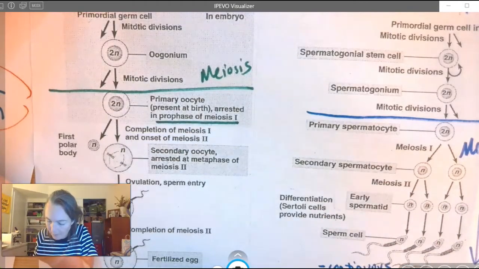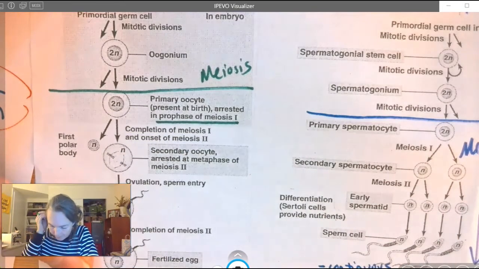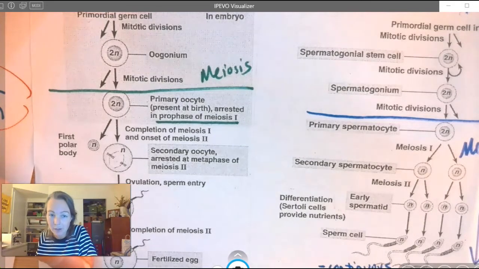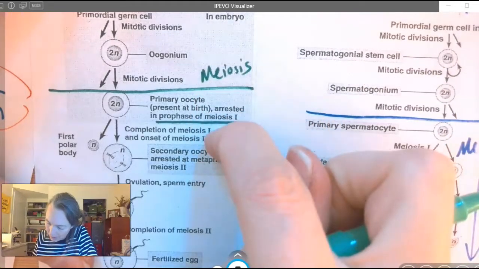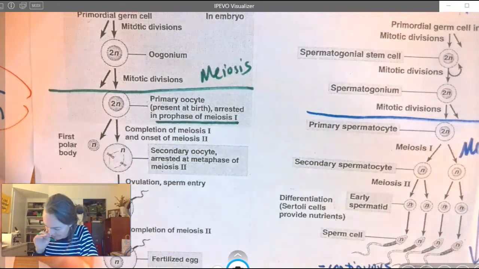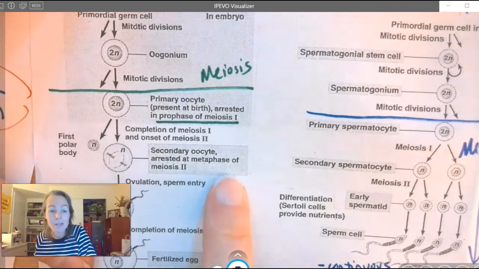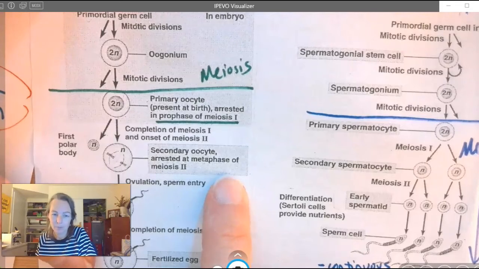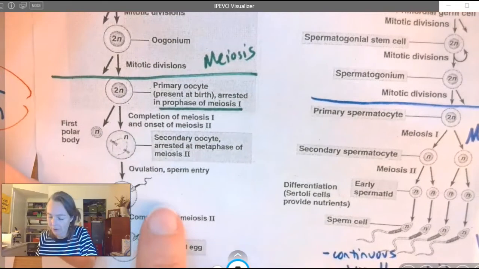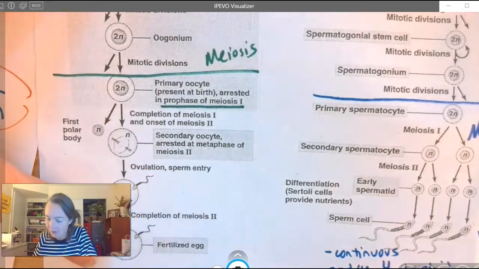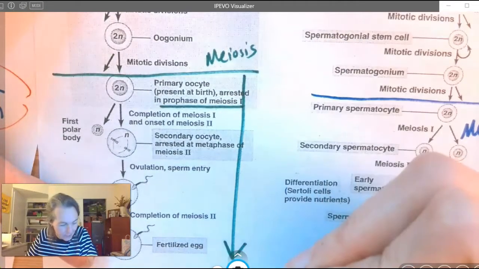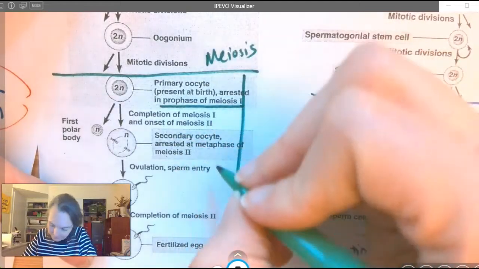Now, when you go through puberty and you have a menstrual cycle, your egg cells finish meiosis 1 and start meiosis 2. But then they pause halfway in meiosis 2. It is not until fertilization actually occurs that this process of meiosis is finished in an egg cell.